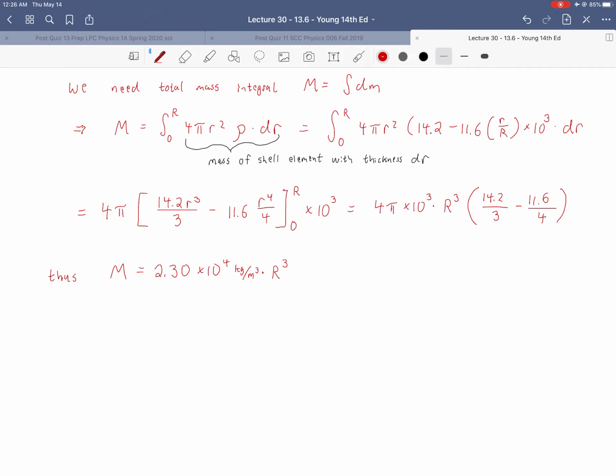So we're going to use the same approach of pointing out that F enclosed is just going to be G M M inside, okay?